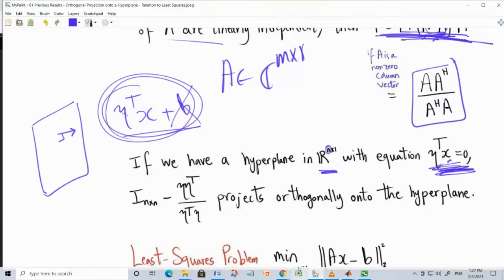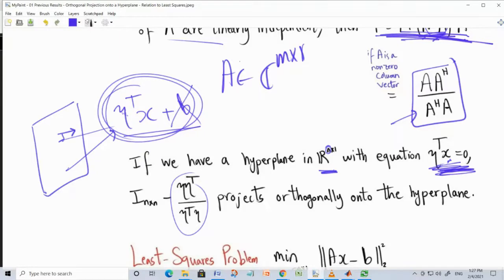So how can we project onto the plane? Suppose you have a general vector and you want to project it onto the plane. If you want to project onto vector eta itself, this is the projector. This is a special case from here.